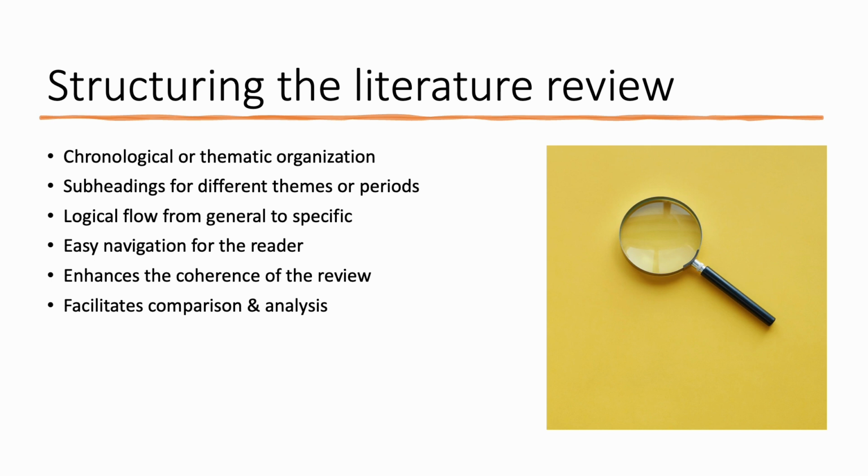When we structure the literature review, we are going to work with subheadings, which could be based on those different themes or periods. But the most important thing is that no matter how you do it, we want to have some logical flow. We're going to start with a general idea and flow through to something a little bit more specific. The key here is: is the reader going to follow our story?